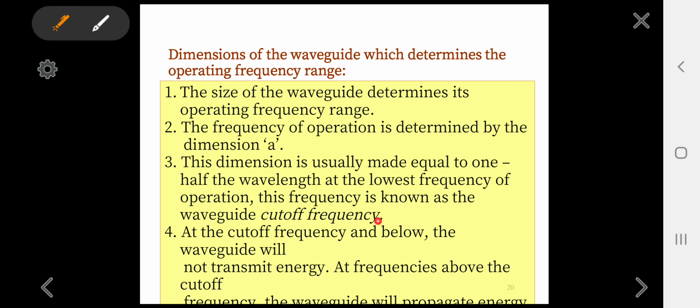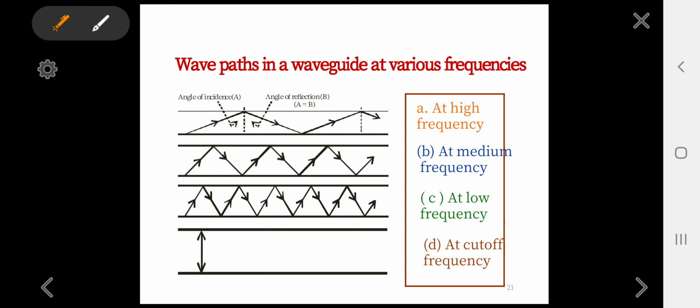This is the condition. Means at or below the cutoff frequency, our waveguide can't transmit any kind of microwave energy. At frequencies above the cutoff frequency, the waveguide will propagate the energy.